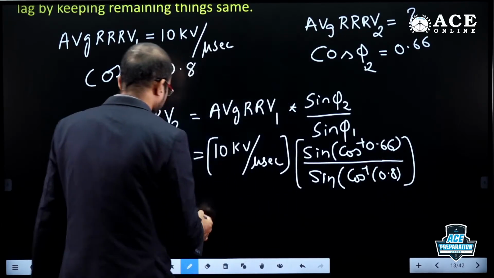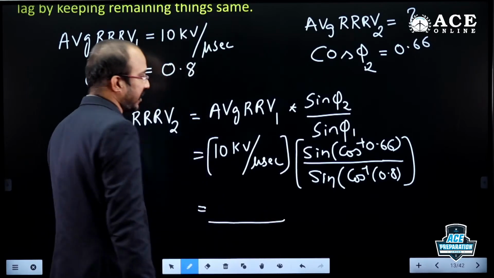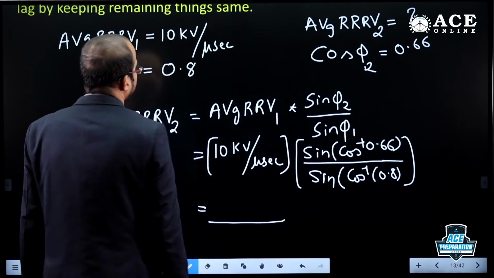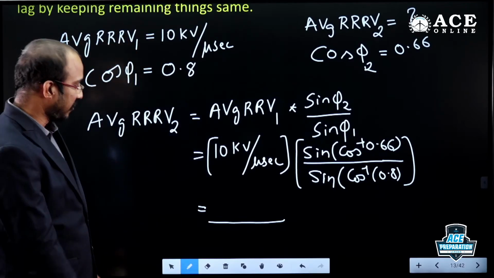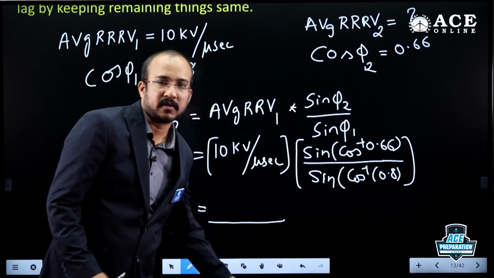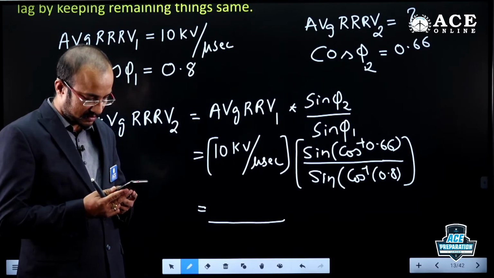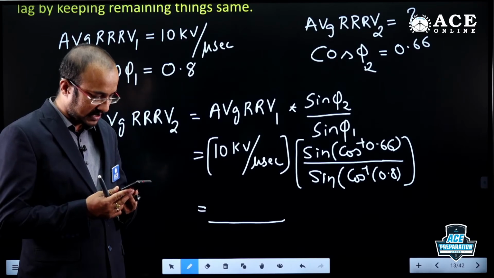If you simplify this, we will get the average RRRV required. Try to solve this and post the answer. Here average RRRV is directly proportional to sin phi, not cos phi. Be careful while solving this. Try to get the answer.